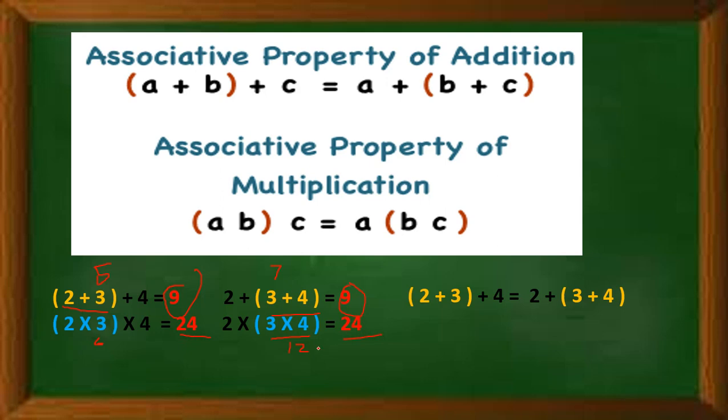So 2 into 3 multiply 4 is equal to 2 multiply 3 into 4. So the associative property for addition says a plus b plus c is equal to a plus b plus c, and for multiplication, ab multiplied by c is equal to a multiplied by bc.